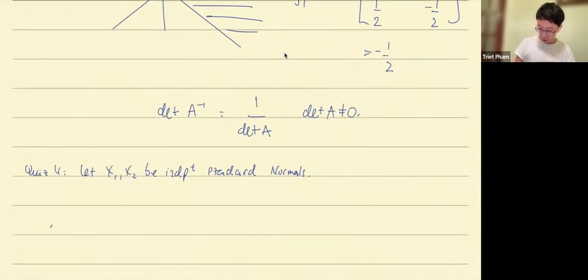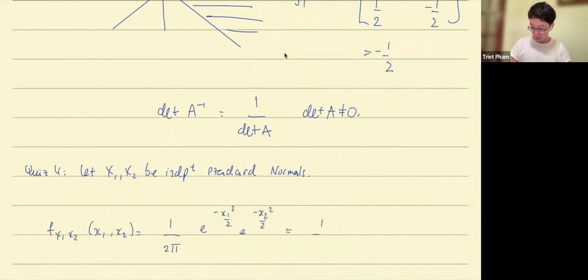That means the joint density will be 1 over 2 pi e to the minus x1 squared over 2 times e to the minus x2 squared over 2, which really is 1 over 2 pi e to the minus (x1 squared plus x2 squared) over 2. They're both between minus infinity and infinity.